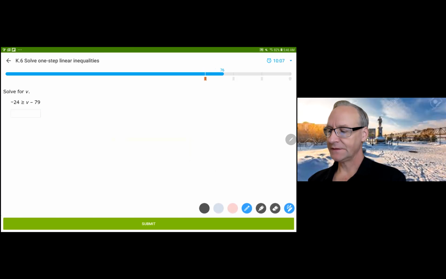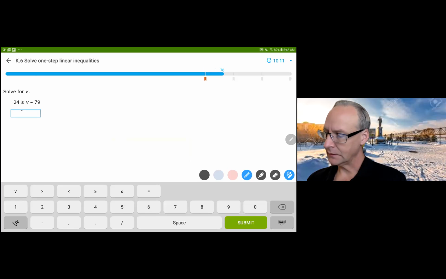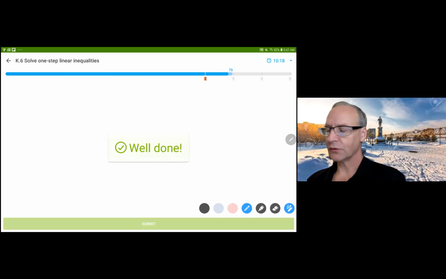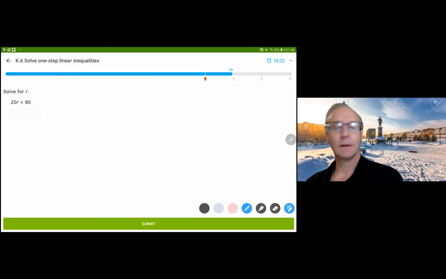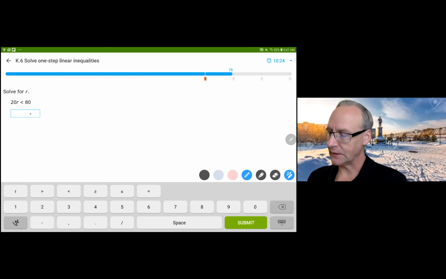And I'm going to add 79 to both sides and get 55 is greater than or equal to V. I could turn it around, but it's probably better to just leave it the way it is. I'm going to divide by 20 on both sides and get R is less than 4.